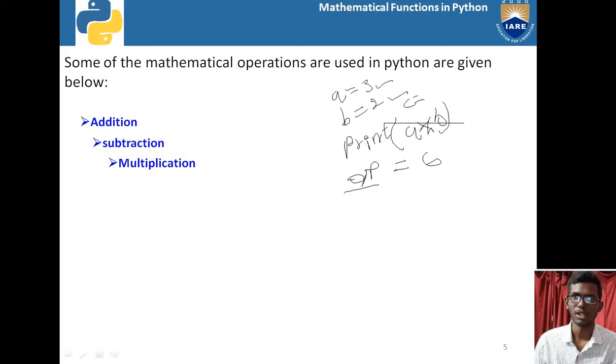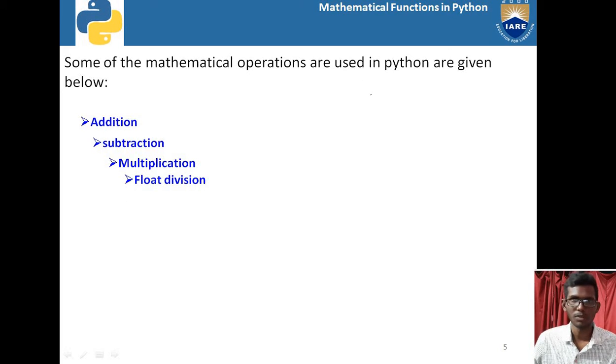Now we go to another operand, float division. Example for float division: let's take a equal to 3, b equal to 2, print a divided by b.